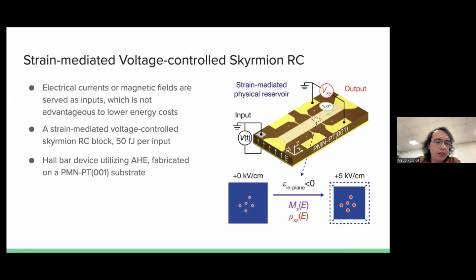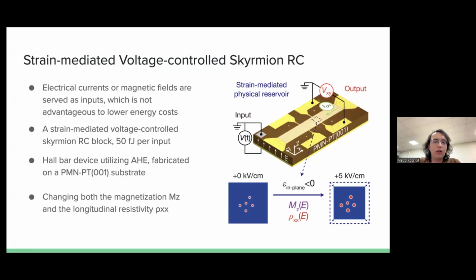A Hall bar device fabricated on a PMN-PT substrate functioned as a physical reservoir. This substrate is a very special new generation piezoelectric material that we will use the inverse piezoelectric process on, so it's quite important.